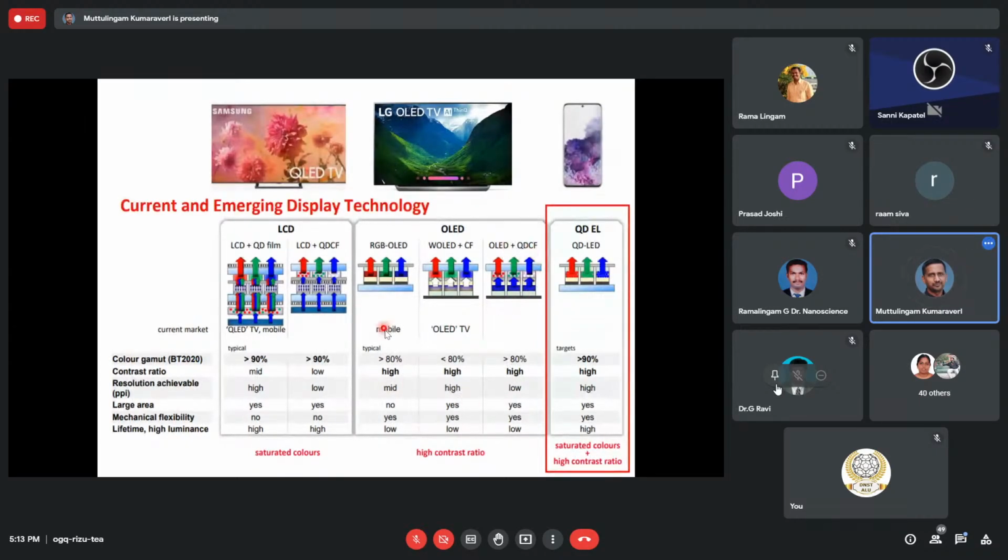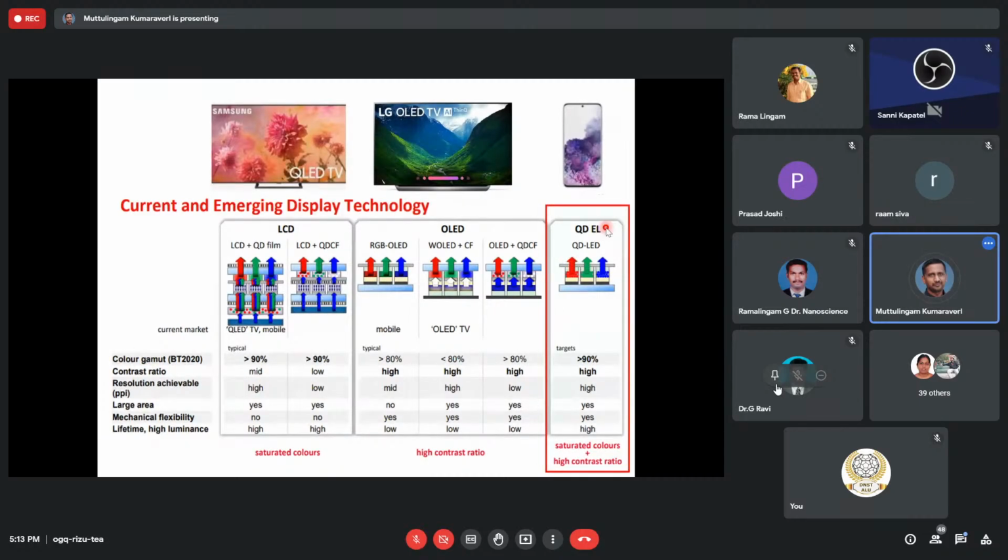This is used just for mobile, and for the displays. But they could achieve only more than 80% of REC 2020 colors in the mobile, and in the display they couldn't get anything. Even when they use the quantum dot color filter, they could get greater than 80%. So this is what we are looking for.